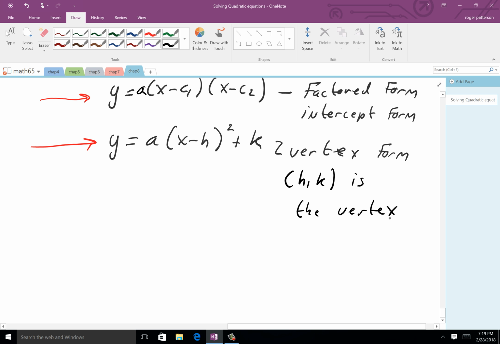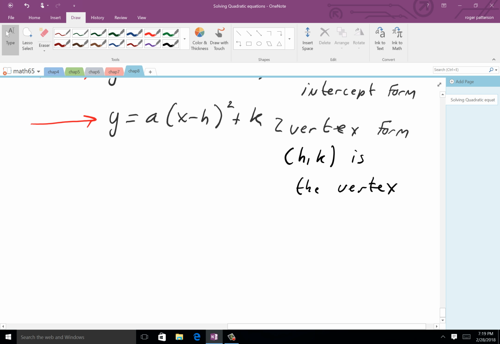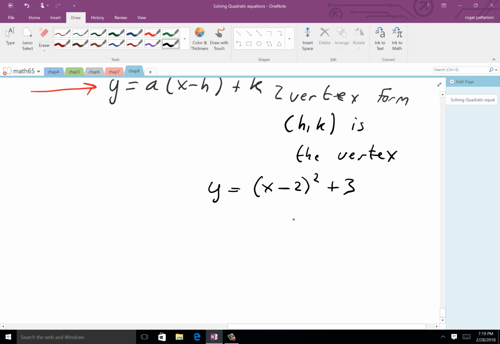So if I have y equals x minus 2 squared plus 3, then, and we have to be careful here, what's the vertex going to be? 2, 3. Not negative 2, because this negative and this negative over here, H is 2, so it's going to be 2, 3.